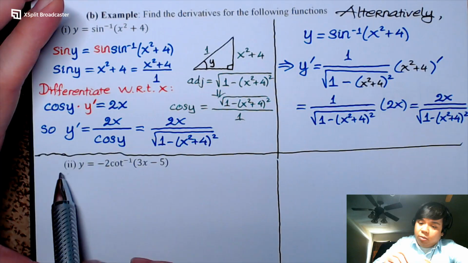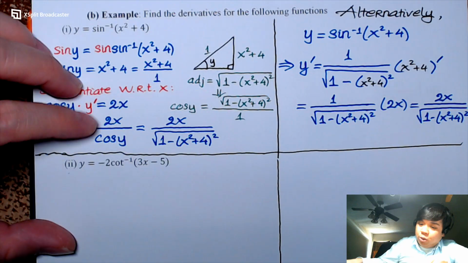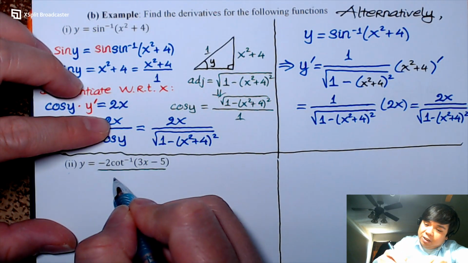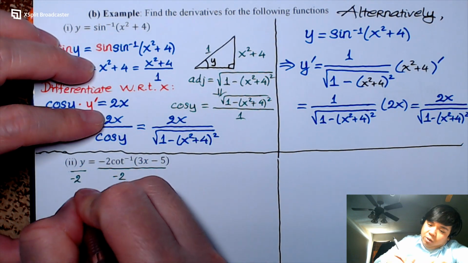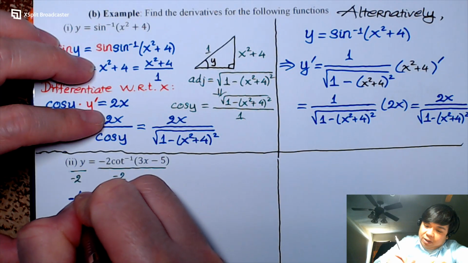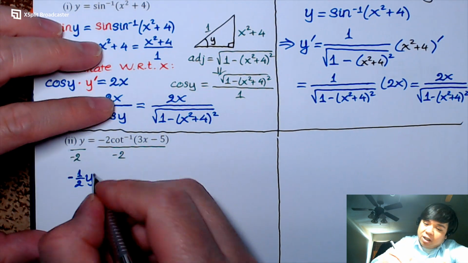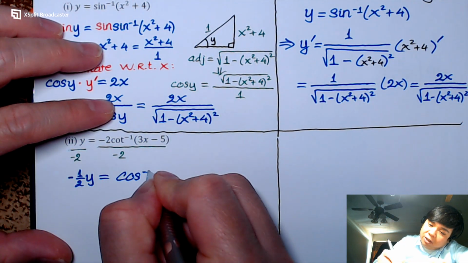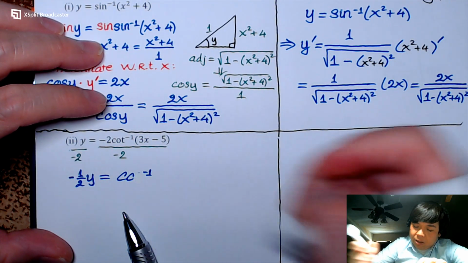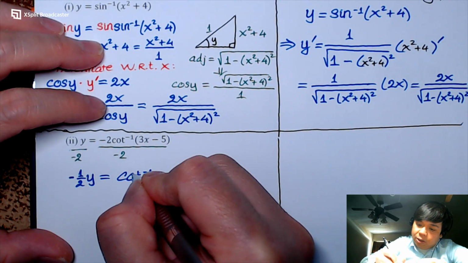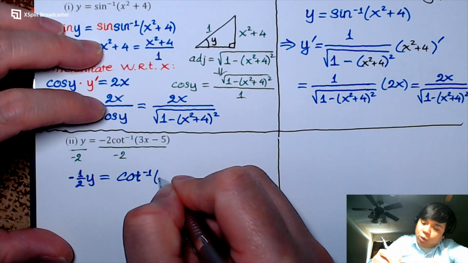So we will take the cotangent on both sides, but before that, we have to divide by -2. So we have -1/2 of y on the left side, equal to cotangent inverse of 3x minus 5.